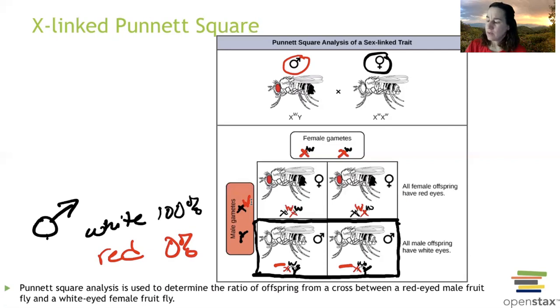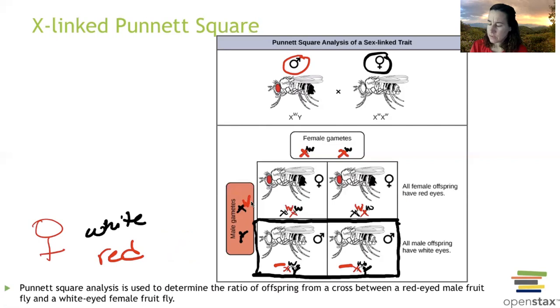All right, so what if I'm asking you about female offspring? What is the chance that females are going to have red eyes? Let's look at the female boxes.